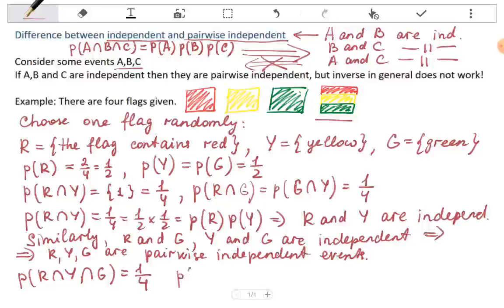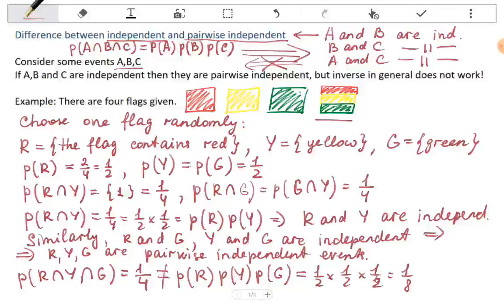But if we calculate the product of probabilities, this will be 1/2 times 1/2 times 1/2, which is 1/8. They are not the same. So they are pairwise independent, but not independent. So this is an example of pairwise independent events which are not independent. So you cannot check independence just by checking pairwise independence. It doesn't work.